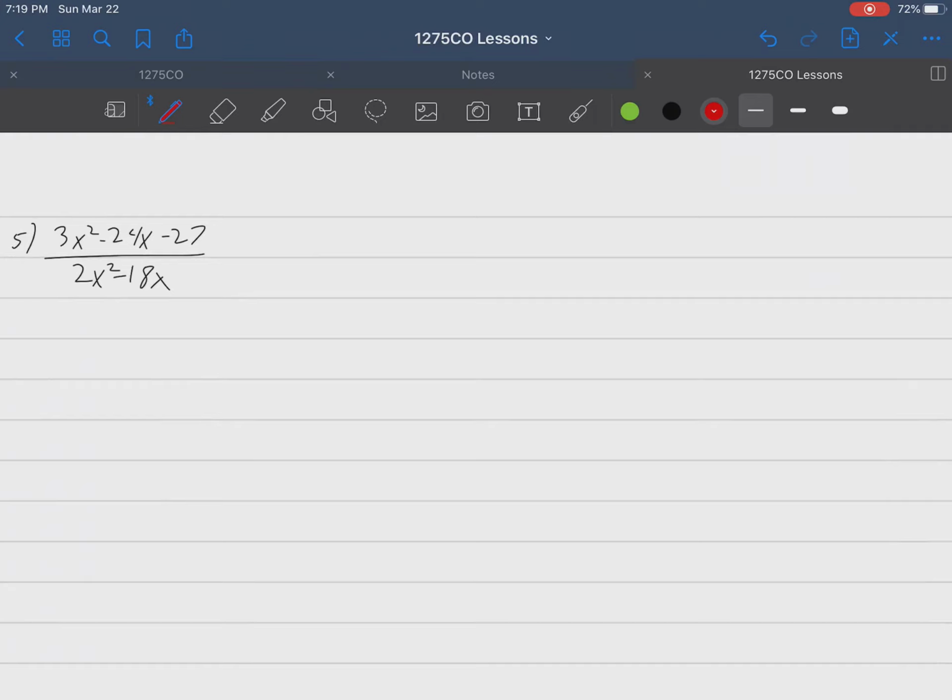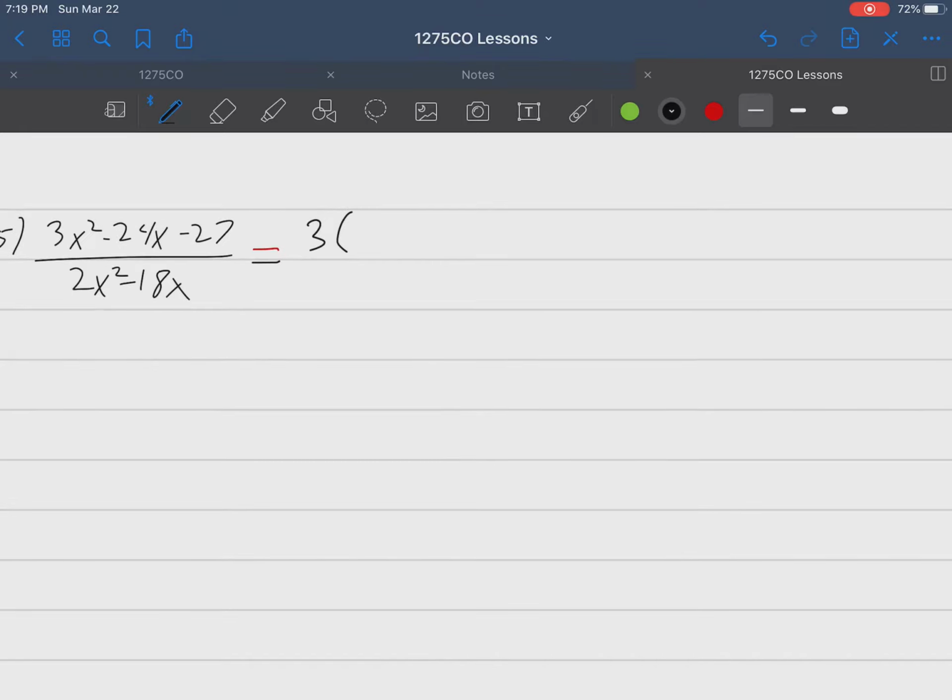So now something a little more complicated, but the rules are the same. Our directions are to factor 3x squared minus 24x minus 27. First of all, there is 3, 24, 27. There is a greatest common factor of 3.